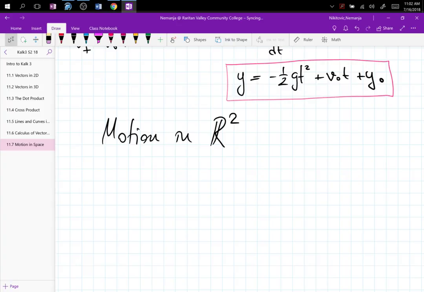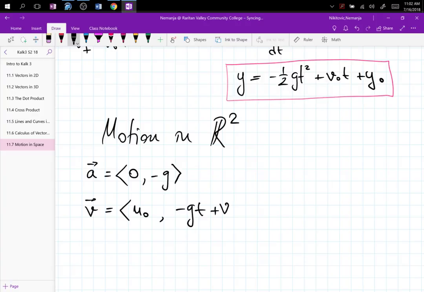So I have that acceleration vector. This one is not mentioned in your textbook, but such is life. There is a zero gravitational pull, acceleration in the x direction, but then there is negative g in the y direction. The velocity vector is going to be given as u0, negative gt plus v0. I'll explain these.